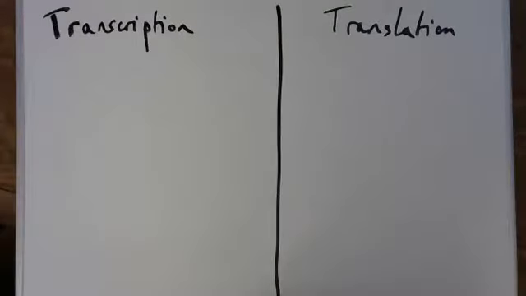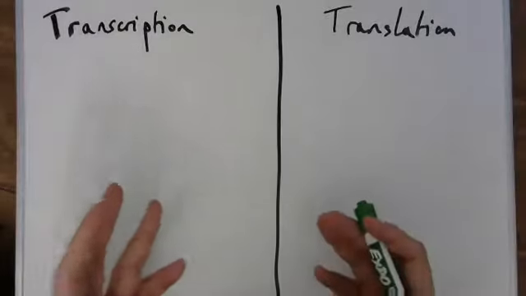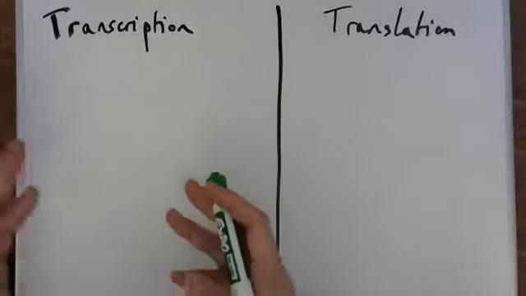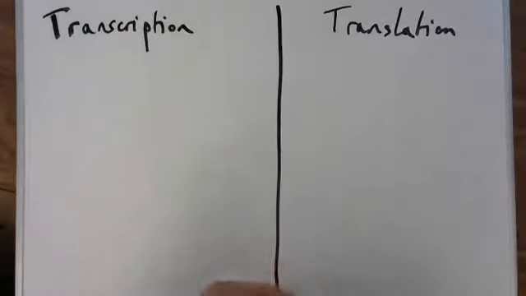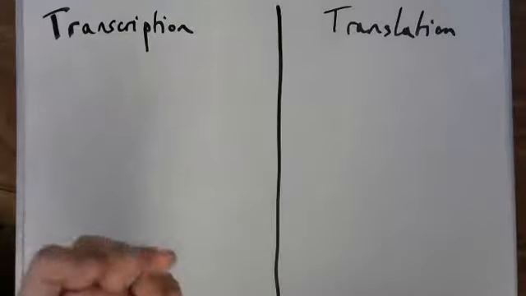Okay, let's get started. The cooking analogy that I use in the PowerPoint is extremely good for several reasons. So keep that in mind. The cookbook is your DNA. In transcription, that's when you copy a page of a book into a recipe. Because we have cookbooks from our grandmas, and if you have a good recipe in there and you want to pass it on to a friend, you're not passing the book.